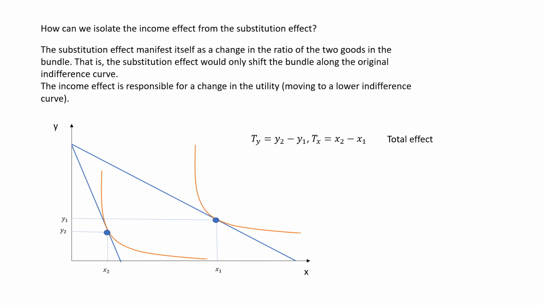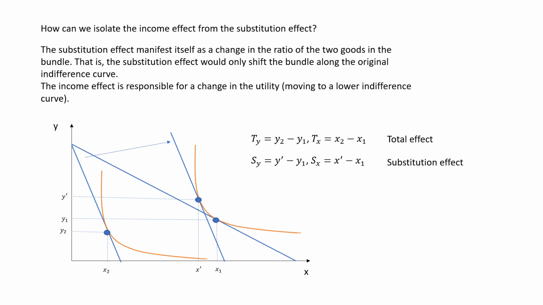Now, the challenge is, hence, to separate income and substitution effects. Because the idea of the substitution effect is that it is basically a movement along the original indifference curve, you can calculate the substitution effect by taking the new budget constraint line and shifting it until it just touches the old original indifference curve.